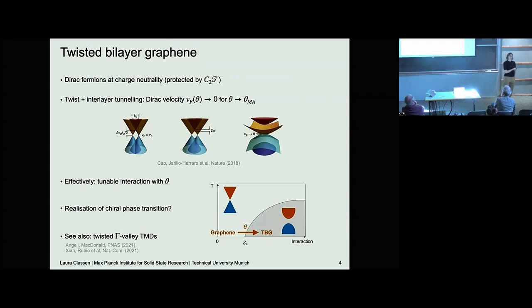In fact, several years ago, graphene itself, untwisted, was estimated to be somewhat close to that transition. So it is conceivable that this more strongly interacting system of twisted bilayer graphene is on the other side as we approach the magic angle. Let me also mention that there are other Moiré systems where this might be possible, specifically twisted gamma valley transition metal dichalcogenides.